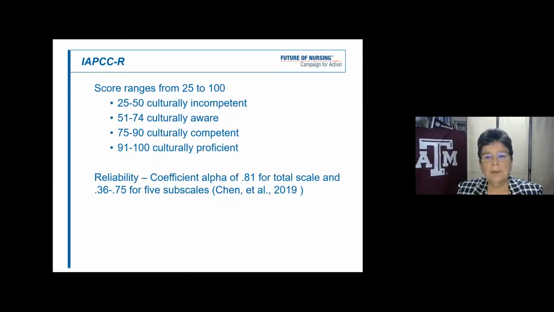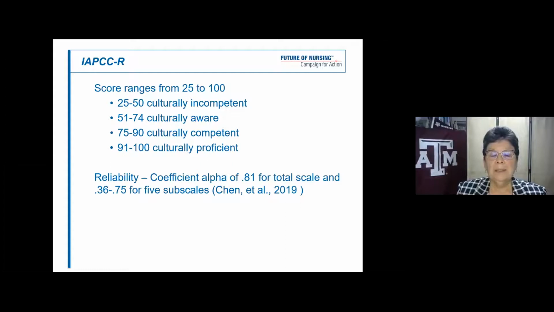So the score ranges from 25 to 100, where the highest, being culturally proficient, would be 91 to 100 in the score range, and then culturally incompetent would range from 25 to 50, and then you have your range scores in between for being culturally aware and culturally competent.